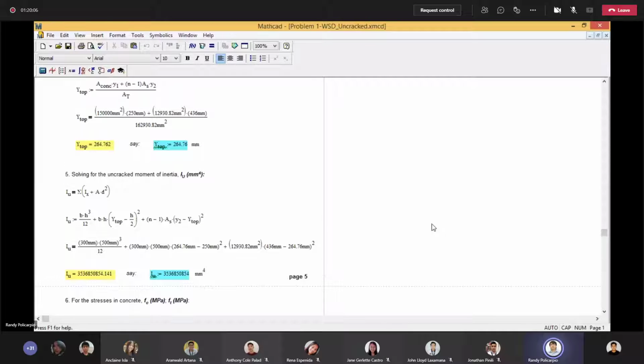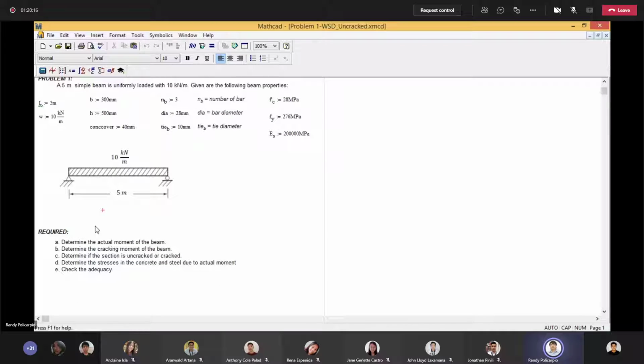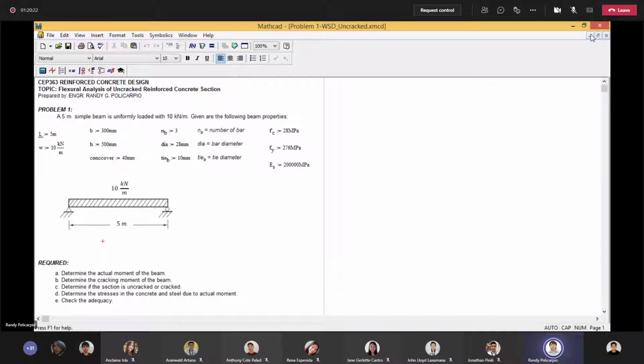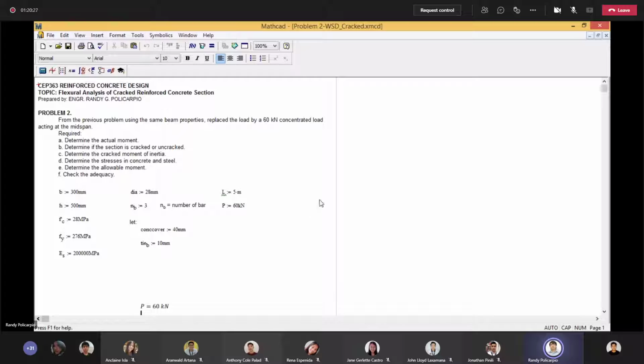Okay, so I think by following the procedure given here, this one may serve you as a guide in computing for the following requirement for uncracked section. Okay, so let's proceed to the next problem.